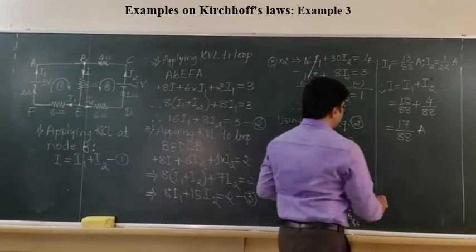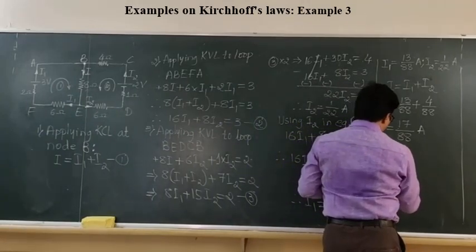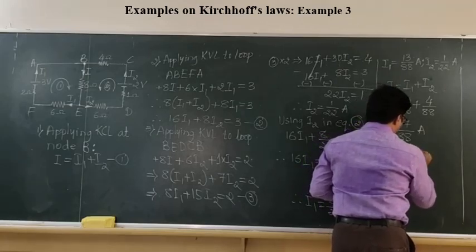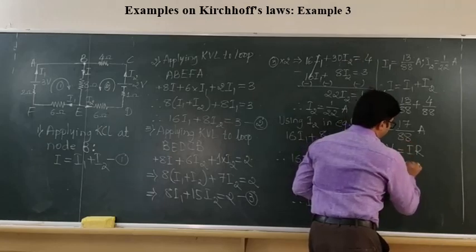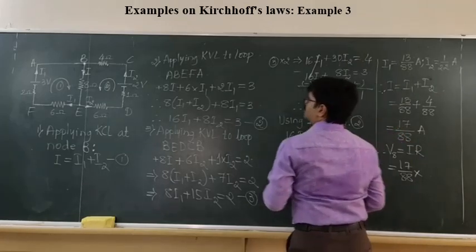Fine. So therefore PD V across 8 ohm resistance should be equal to I into R, which is nothing but I is 17 by 88 into 8.